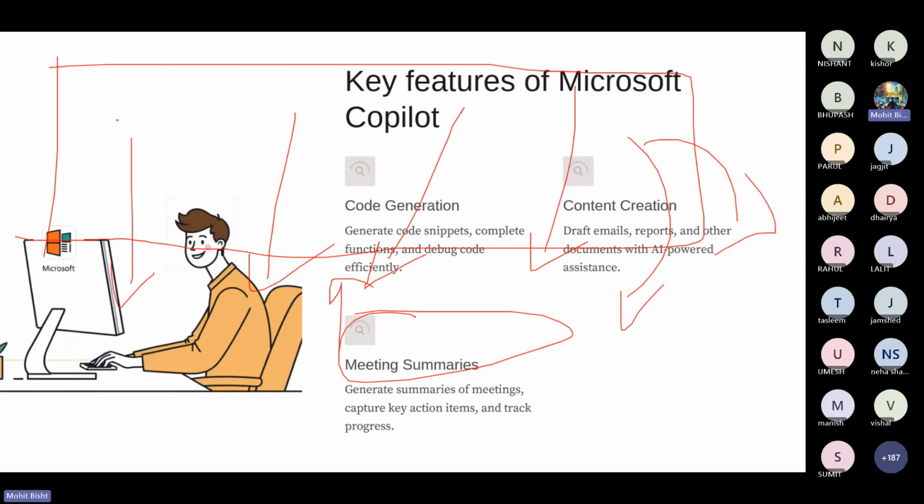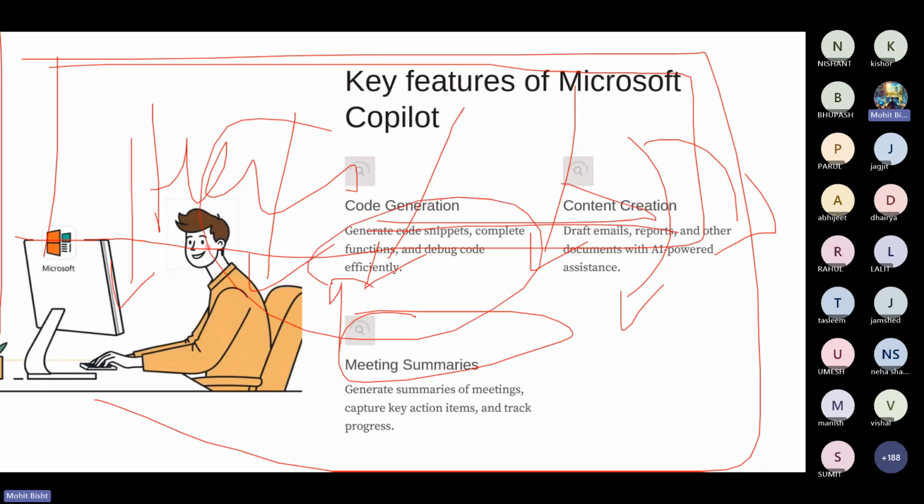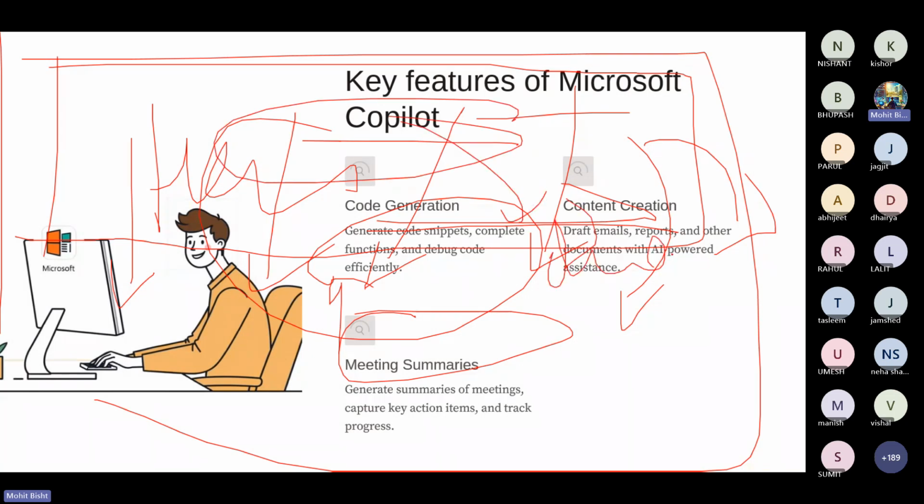So meeting summary is nothing but, suppose I am recording this meeting, it can also help in this, right? It can also record and it can also summarize what we have learned so far. Suppose we talk about Microsoft Copilot and other things. So it will draft a summary, or if we draft a MOM, it will give it to me, right?